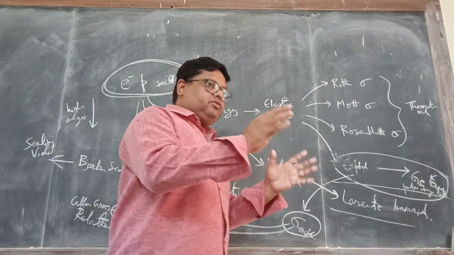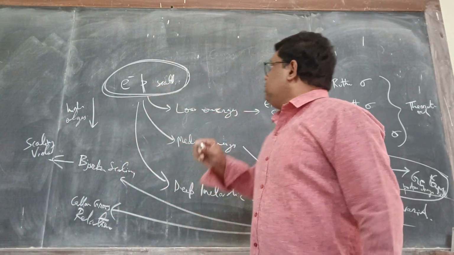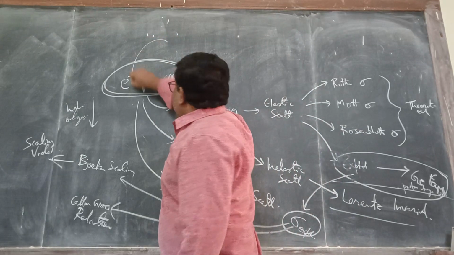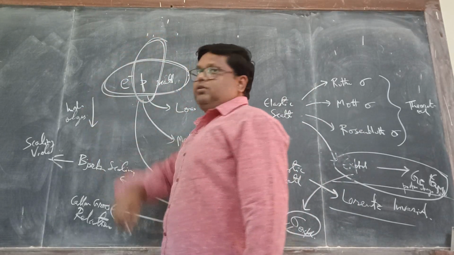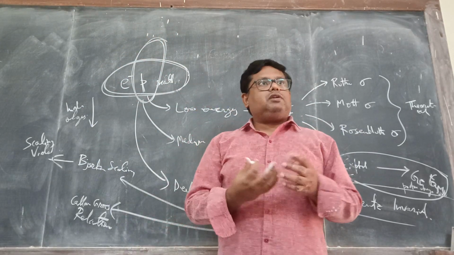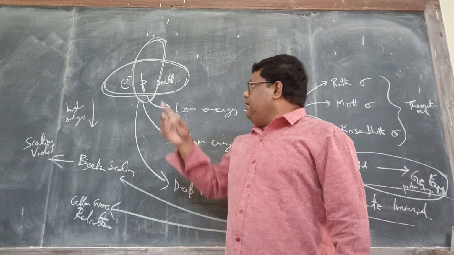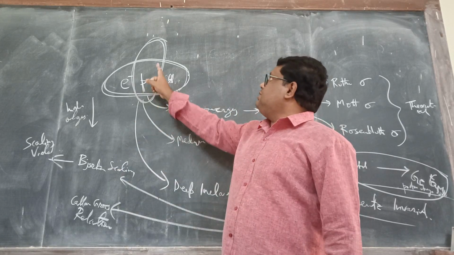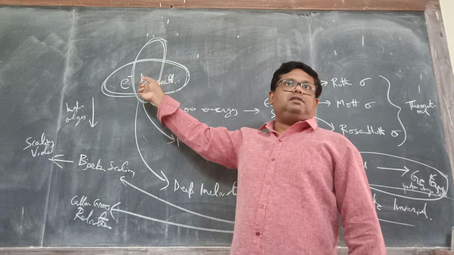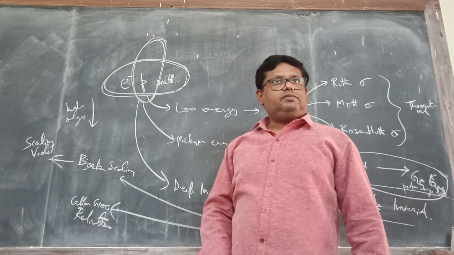And from these two relations, we will be able to talk about the structure of the proton. Okay. What can we say about the structure of the proton? You will see that these two particular relations tell us greatly about the structure of the proton. Okay.